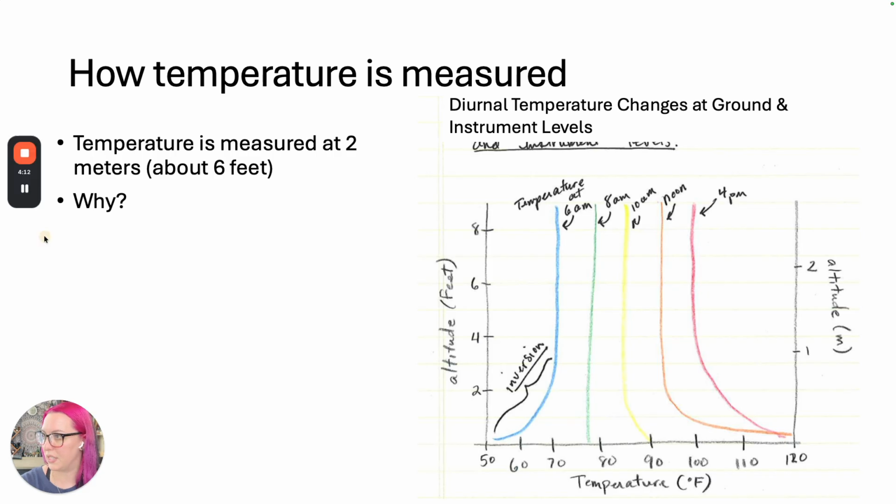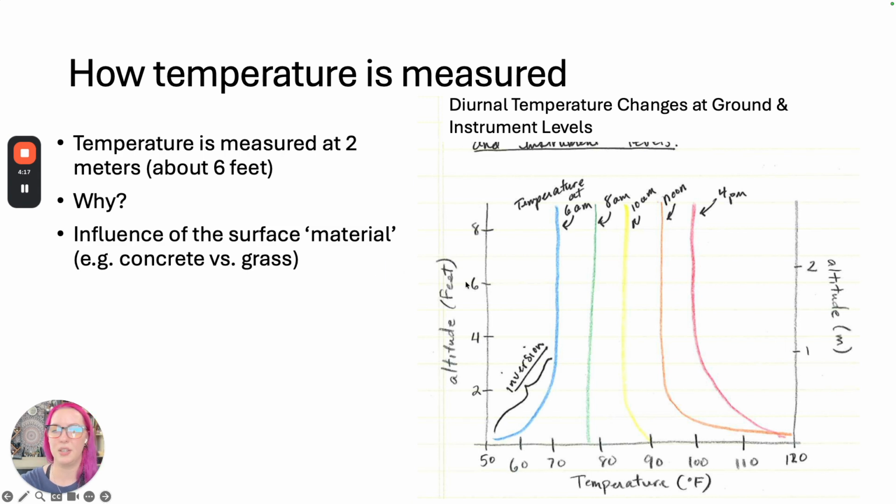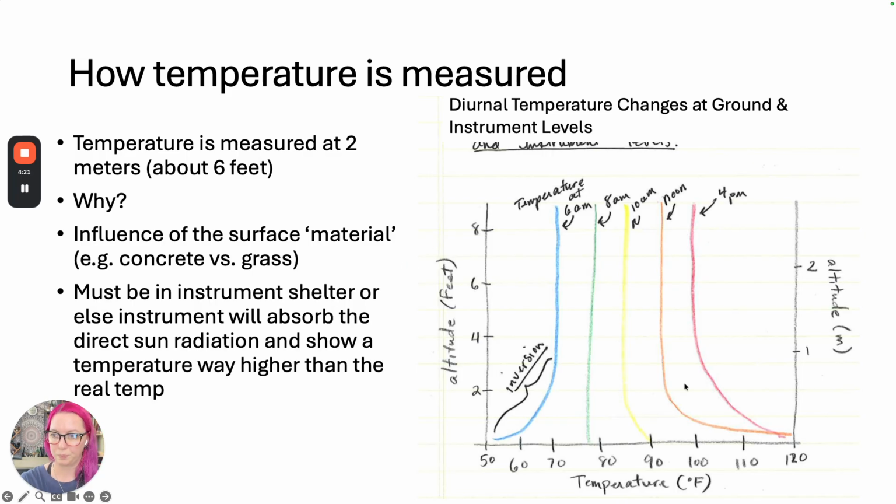So the main reason we take measurements from this height is to decrease the influence of whatever surface material is there, whether grass, concrete, asphalt, or rocks. We try to alleviate that influence. What we also made note of in lecture is that the instrument has to be in some sort of shelter, generally white in color, so that it doesn't absorb any incoming solar radiation.